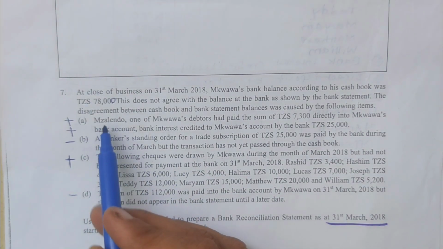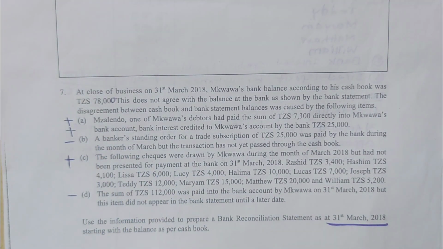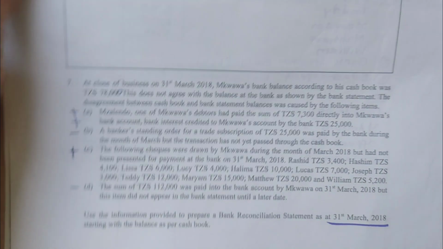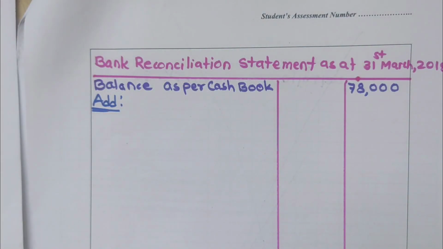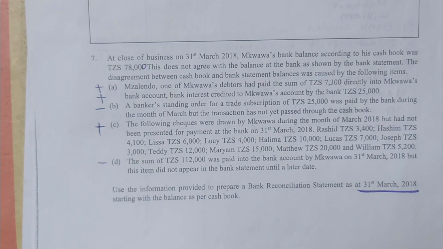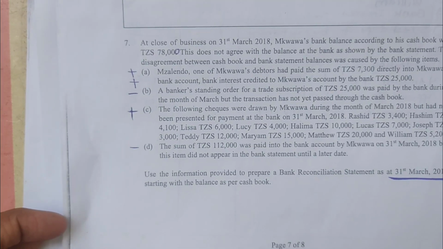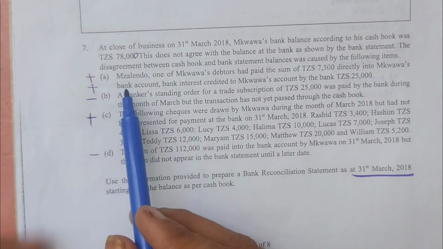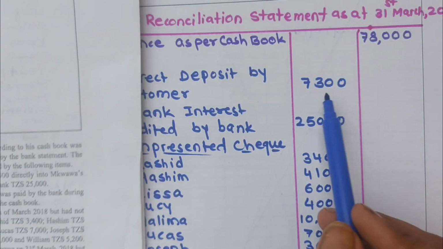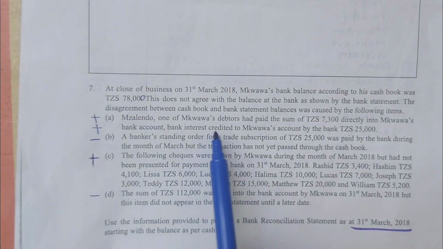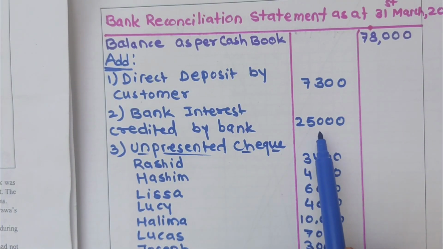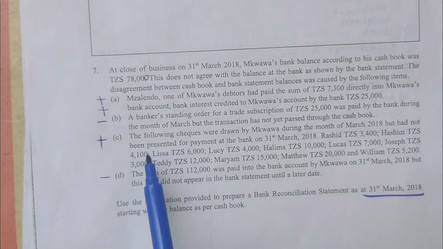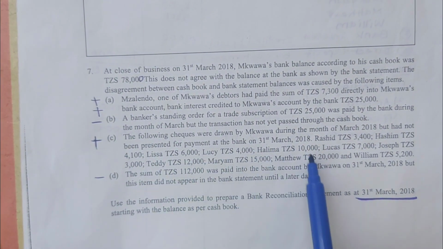So these 3 items we have to add. So let's give the entry for these 3 items. Number 1, direct deposit by customer, see here 7,300. Then next, bank interest credited by bank 25,000, and these are the checks which are unpresented.